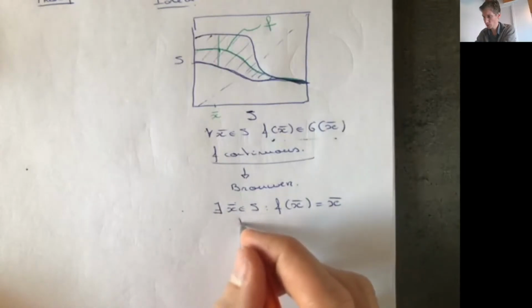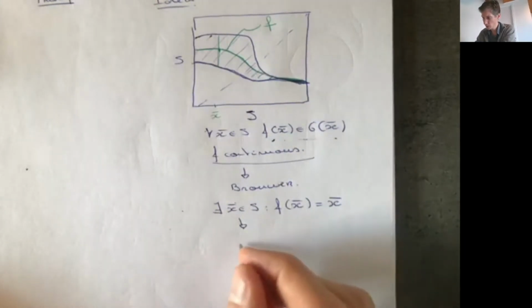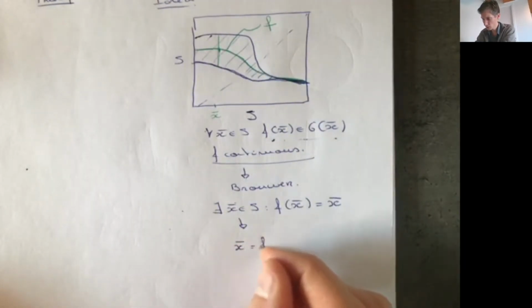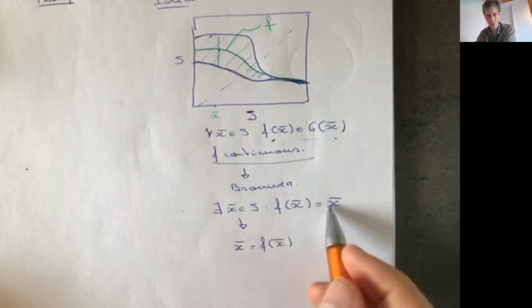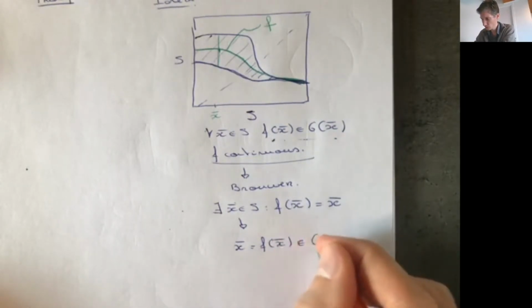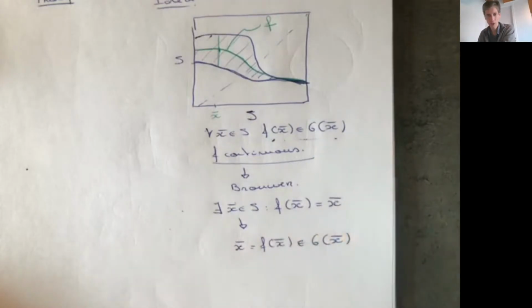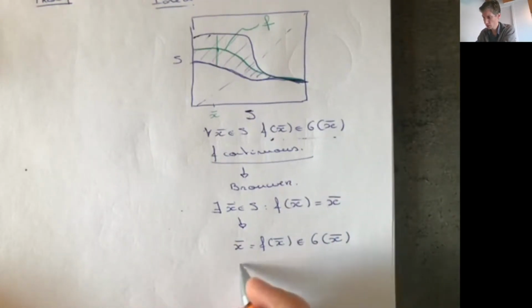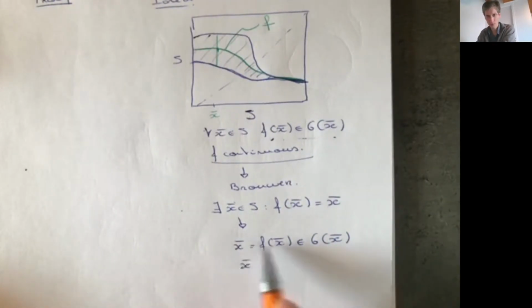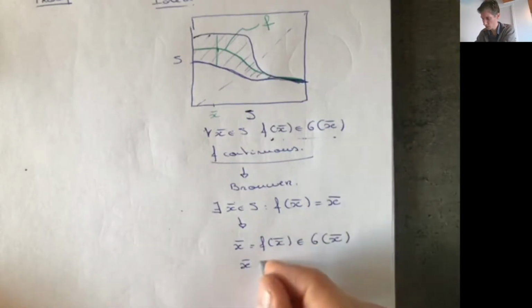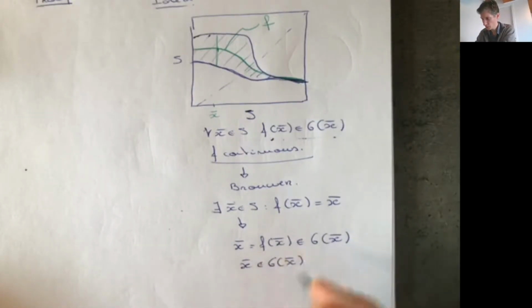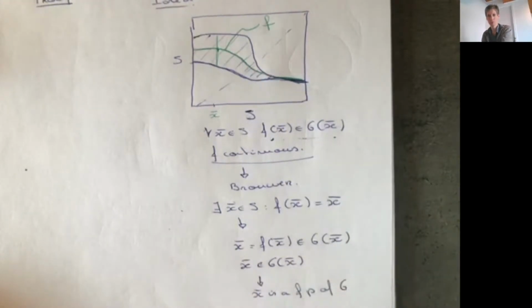So in particular for this x here, I know that x is equal to f of x, right, because it's a fixed point. And I know that it's also an element in G of x. Okay. So this is equal to this, and there's an element of this. So this is an element of G of x, which means that x is a fixed point of G.